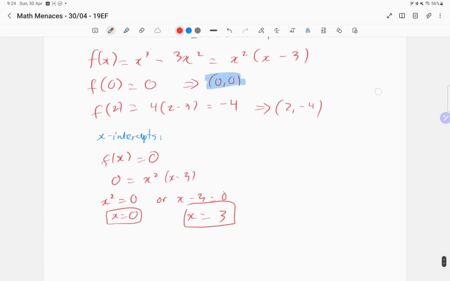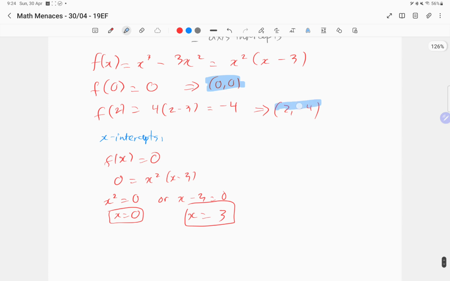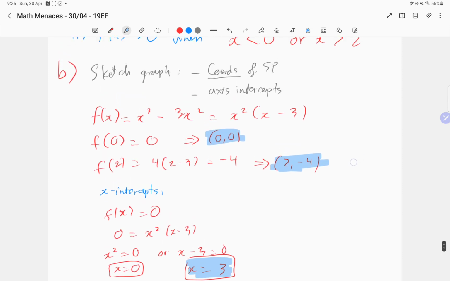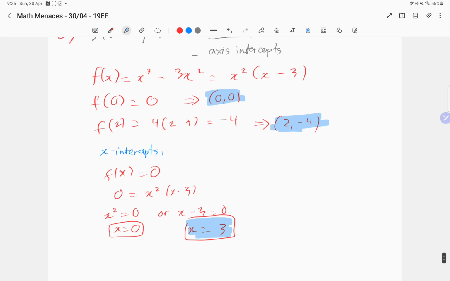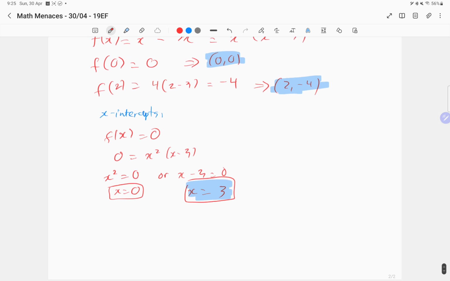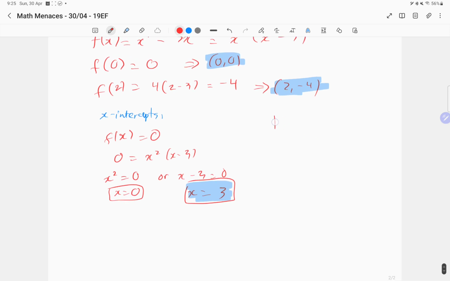Alright, now let's sketch it. Let's look at all of the x values: 0, 2, and 3. The y values are 0 and negative 4. On the axes, 1, 2, 3 for x, since there's no x value more than 3.